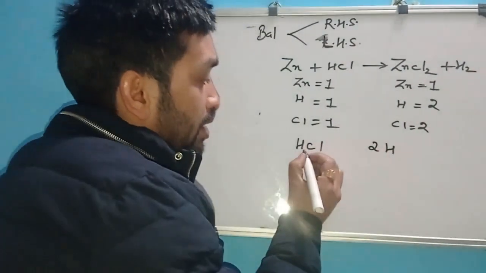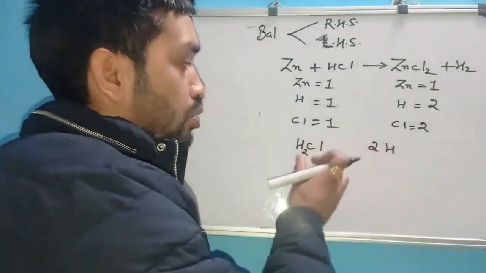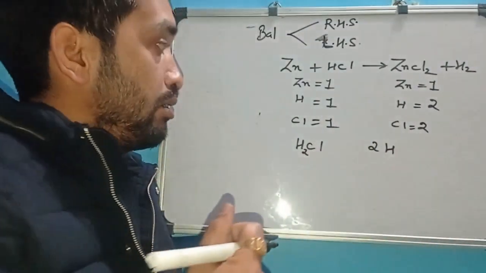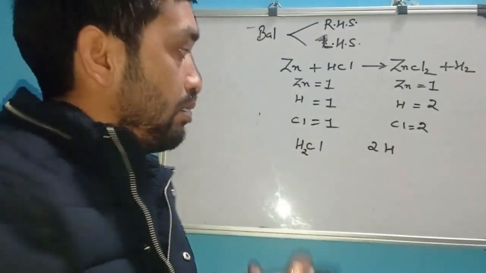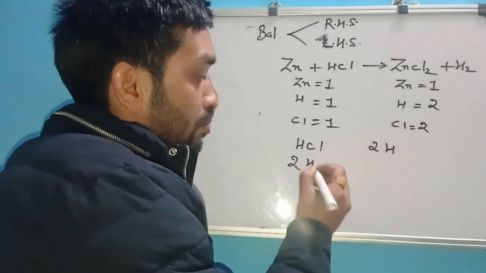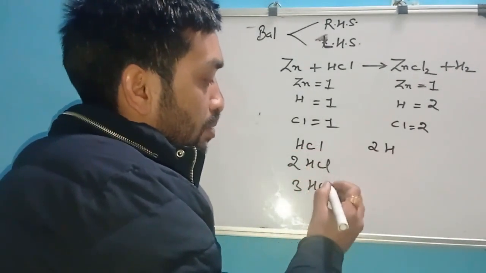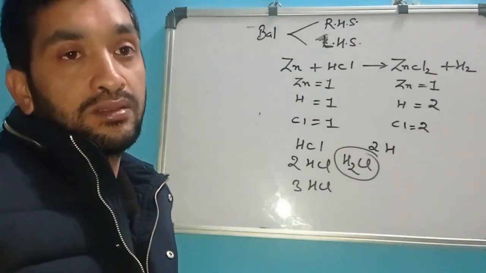So do not make it H2Cl thinking 2 hydrogen is now balanced. No, that is the wrong way. In this way you are disturbing the compound. HCl is a compound. 2 HCl can be a compound, 3 HCl can be a compound, but H2Cl is not a compound. So you cannot balance in this way.